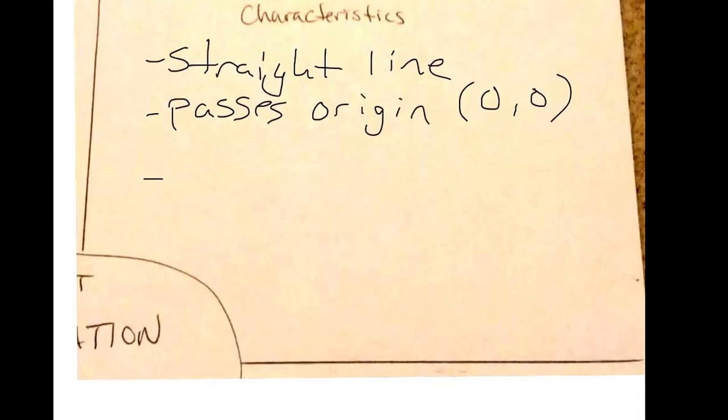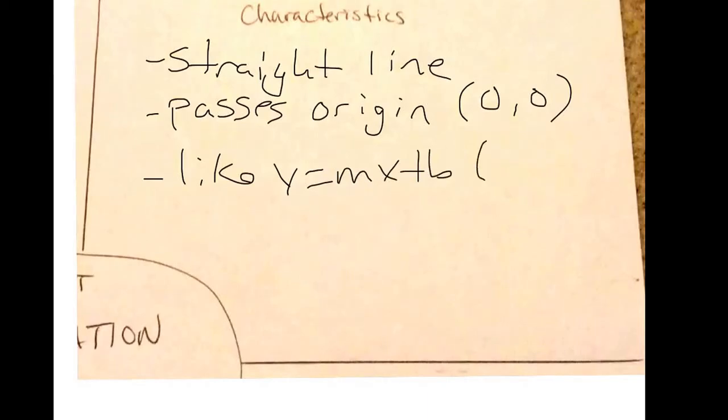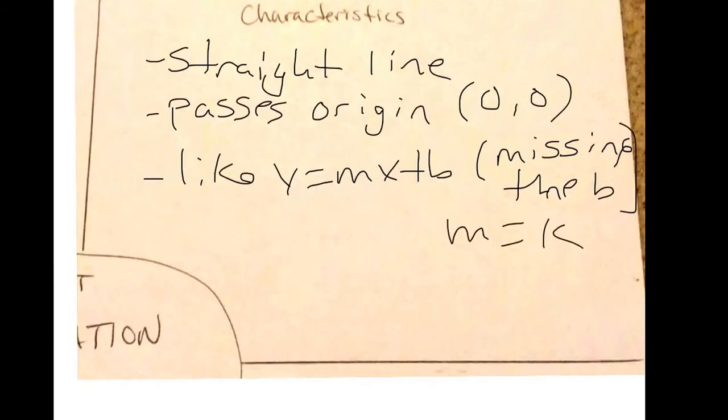Its equation is like what we've been studying, mx plus b, only we're missing the b, and m becomes k.